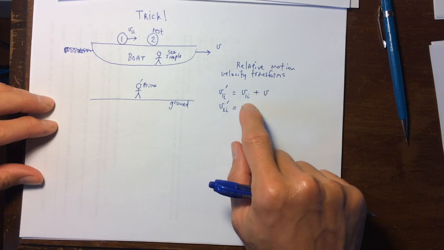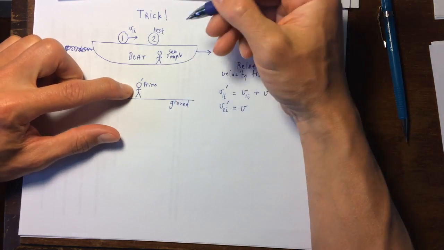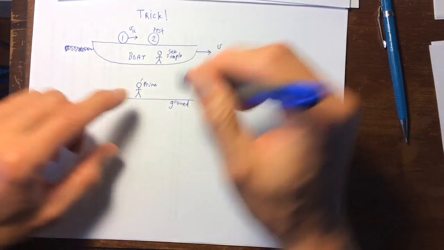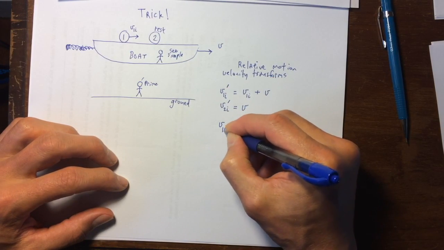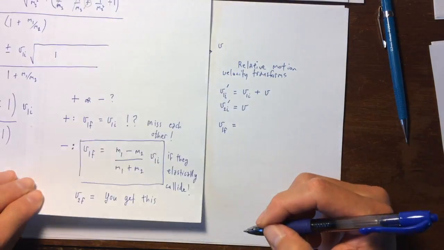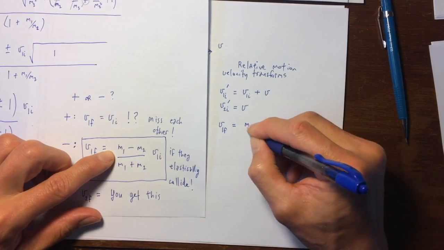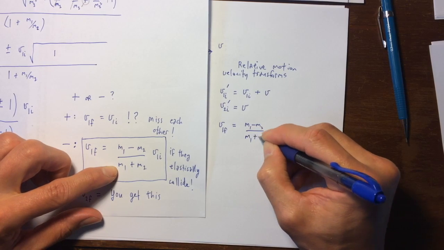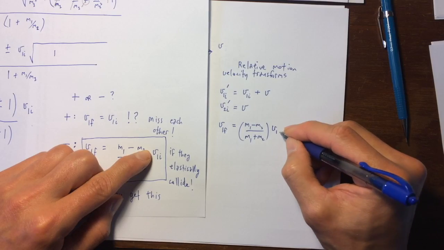So what I know is this person will see v1 final, which is equal to the thing we got over here. So it's m1 minus m2 over m1 plus m2, multiplying v1 initial.